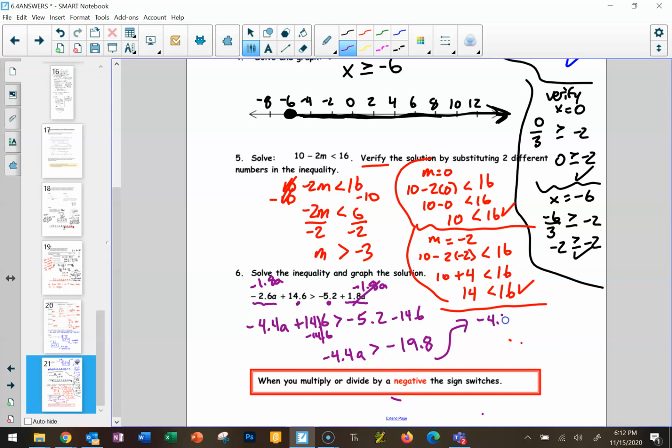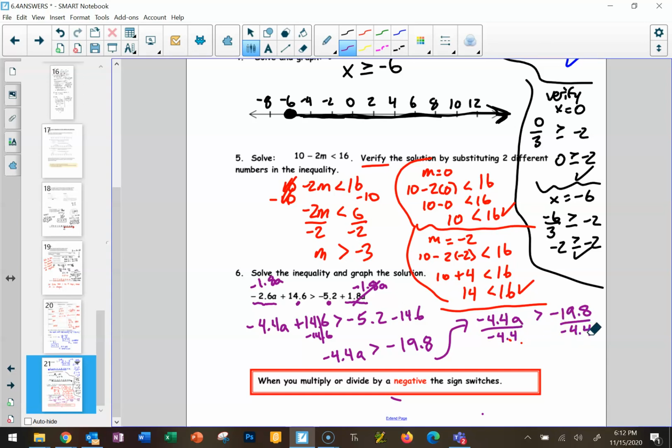I have to divide by a negative number, because currently I'm at negative 4.4a is greater than negative 19.8. So in order to get rid of the negative 4.4 as a coefficient, I need to divide by negative 4.4, and I have to do that to both sides.